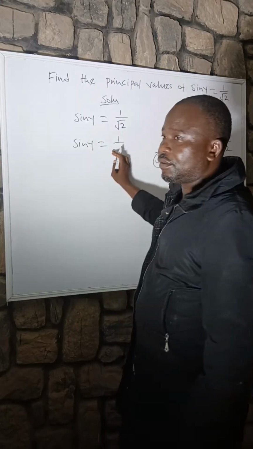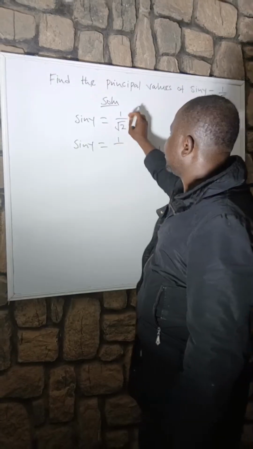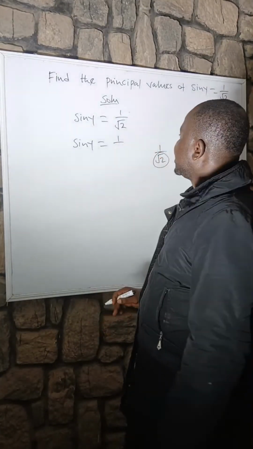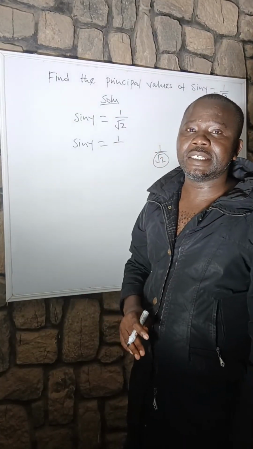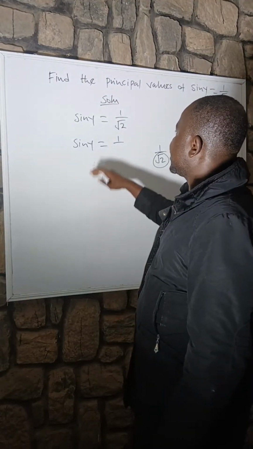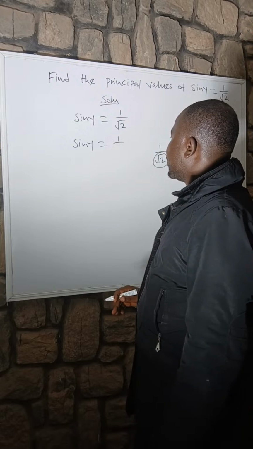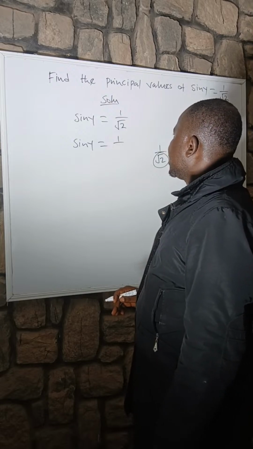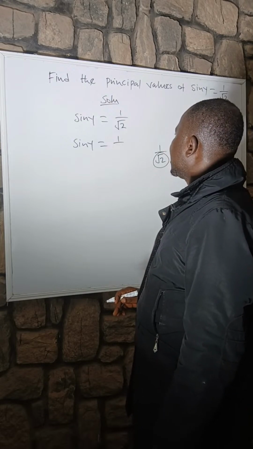So now our sine y is equal to root 2 all over 2. I know some of you want to go ahead and press your calculator and take the sine inverse so that your y will be this thing.